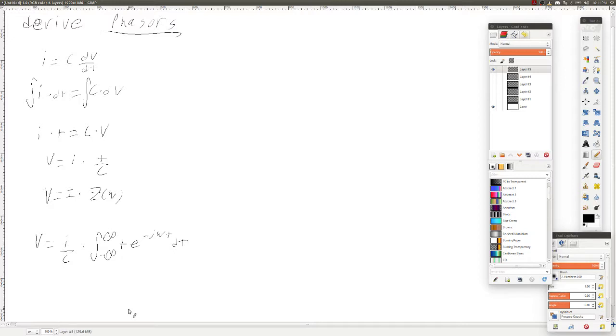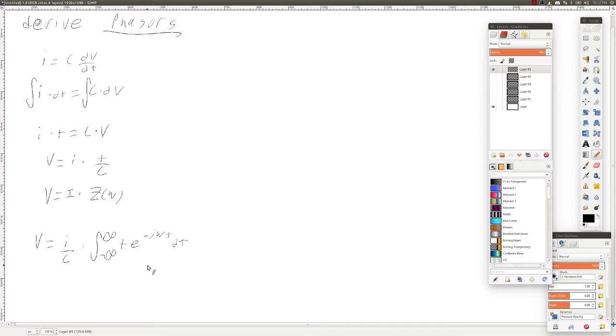If you're interested in doing this integral yourself, you need to understand a few things. You need to understand how to break e to the negative j omega t into its sine and cosine portions, which is another signal processing simplification that I don't want to get into now. And if I can't derive it, I don't really want to be doing much of it during these lectures. I want to keep this as intuitive as possible.